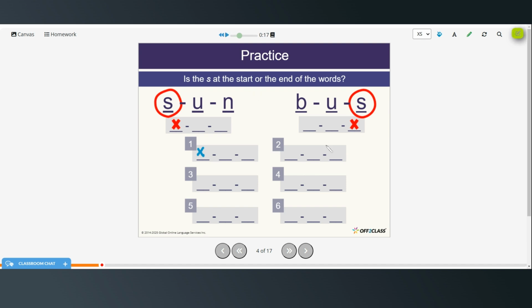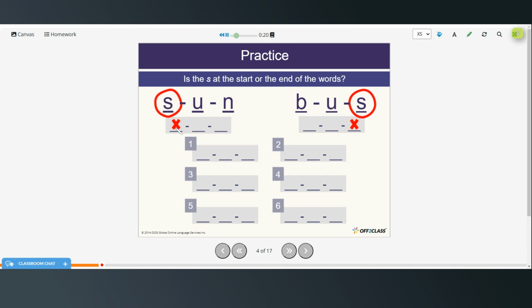Bus, sit, sad, gas, see, miss, star. Actually, I did that incorrectly. They had already done the bus and sit, so I'll do that again so you won't be confused.